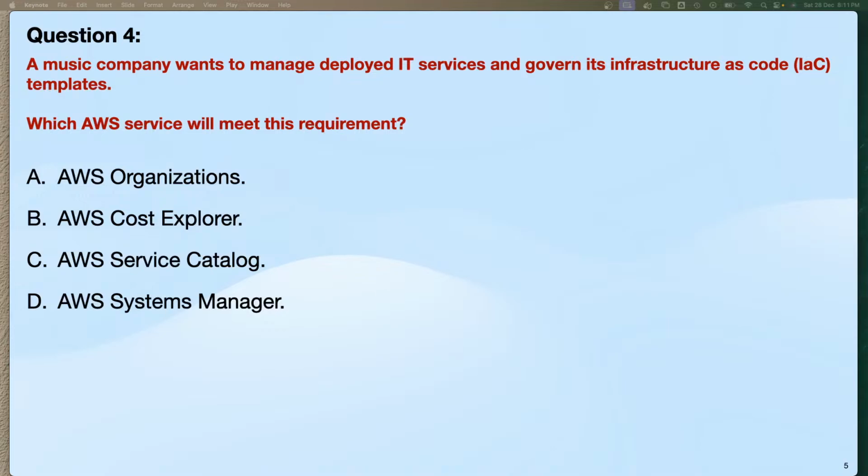And AWS Service Catalog, this is the answer. So AWS Service Catalog is the service which can manage the infrastructure as code. And AWS Systems Manager is primarily meant to manage the fleet of EC2 servers on AWS. So all these are valid services, but not all are meant to manage the infrastructure as code. So only the AWS Service Catalog is meant for infrastructure as code. So C is the answer.